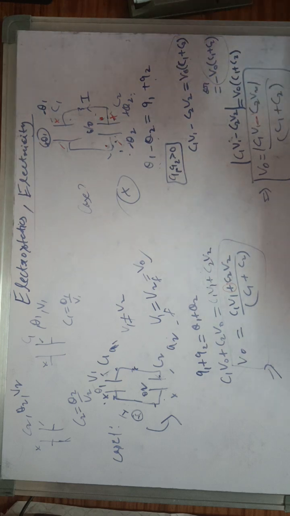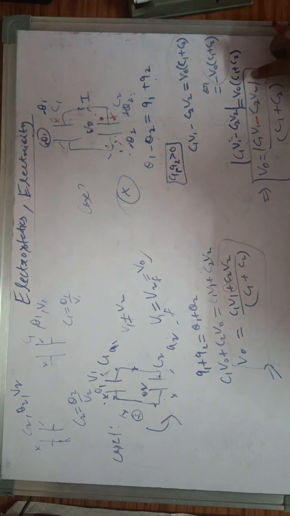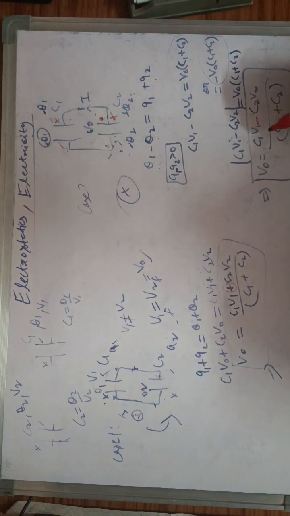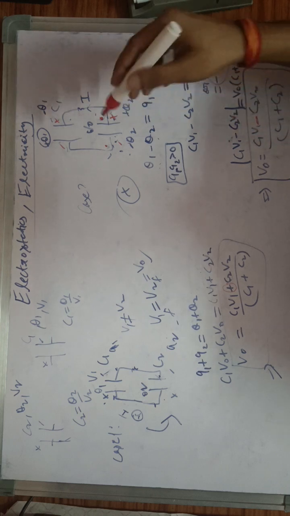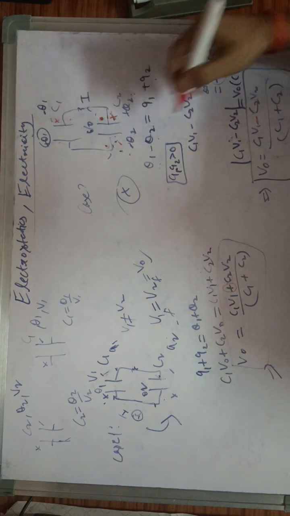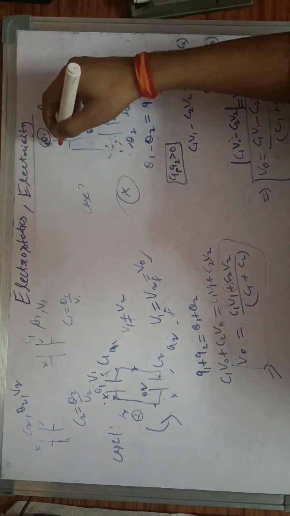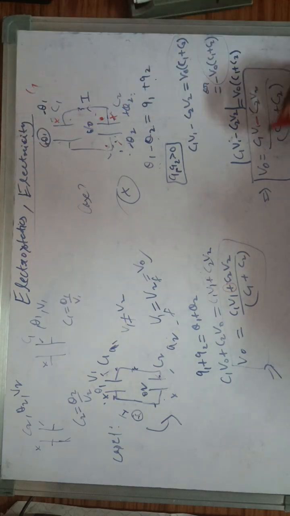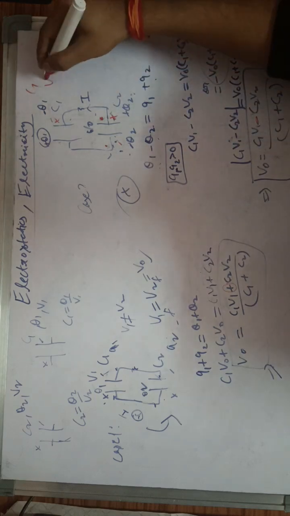And let's say I remove this modulus sign from here. Now it means that if this value is positive, then for the capacitor 1, the sign of the potential would be the same as V1.